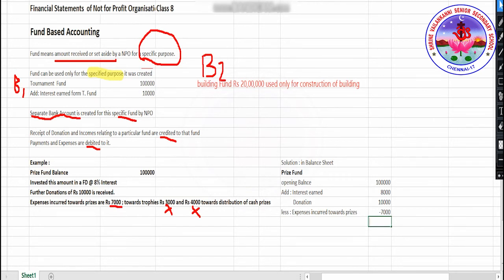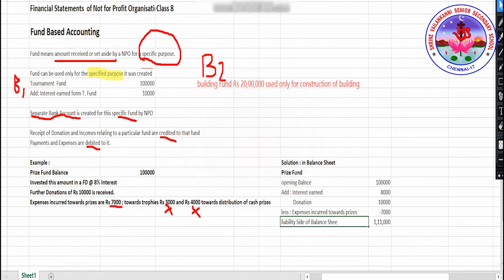My balance is going to be 1,11,000. Now, where is this shown? This is a surplus, right? So it is shown on the liability side of the balance sheet.